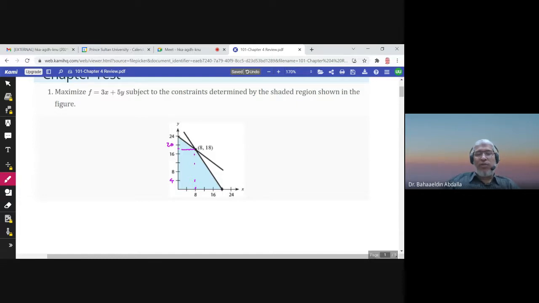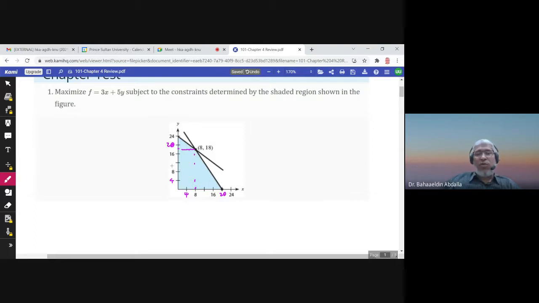All right. So you see that the x-axis and y-axis are labeled. So we know that each unit of measure is 4. So this is 20 and this is 24.